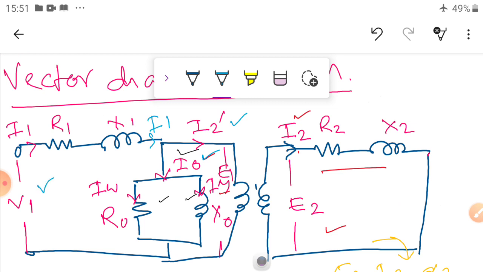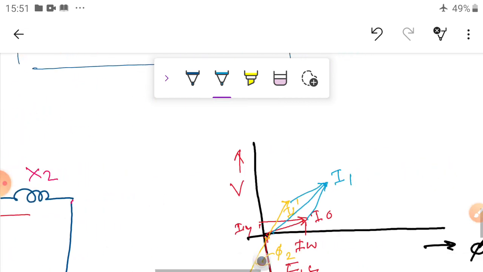The V1 is equal to this drop plus this drop. This is equal to I1 R1 plus I1 X1 plus E1, the induced voltage here. So I can write this is V1 and E1.